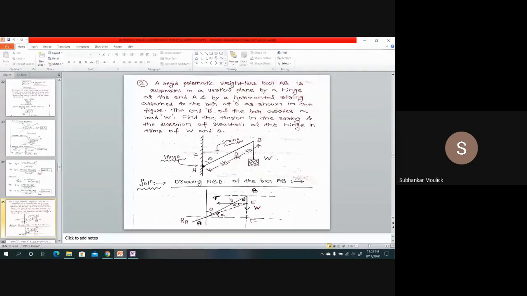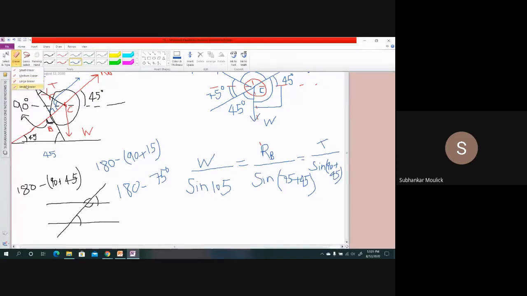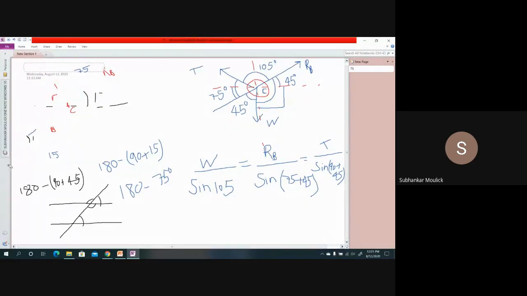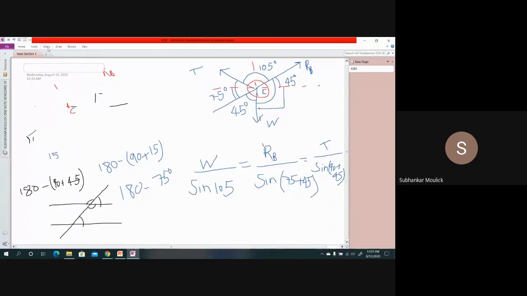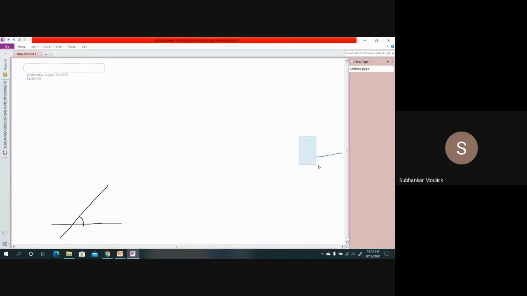Let us draw. So assume that this is my wall, vertical wall, and this is my bar AB.